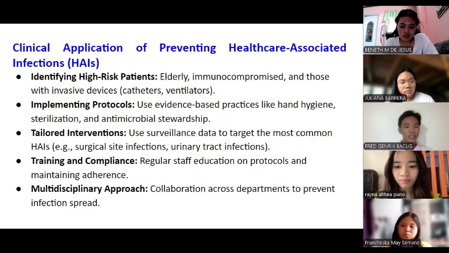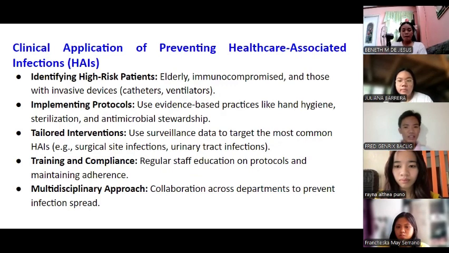The clinical application of preventing healthcare-associated infection. Number one is identifying the high-risk patients: elderly, immunocompromised, and those with invasive devices.